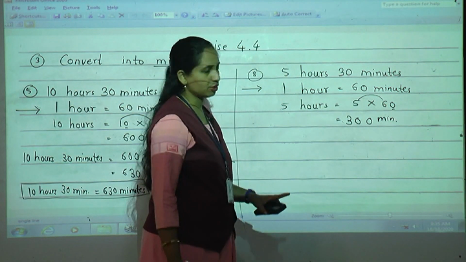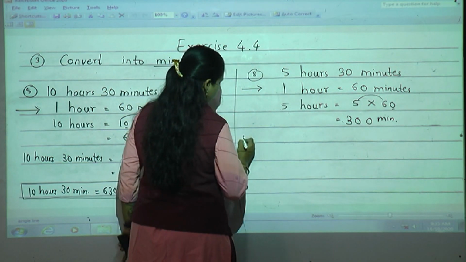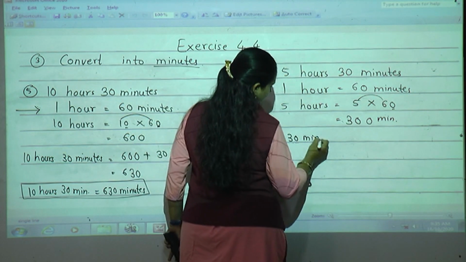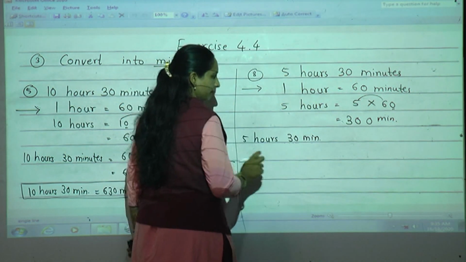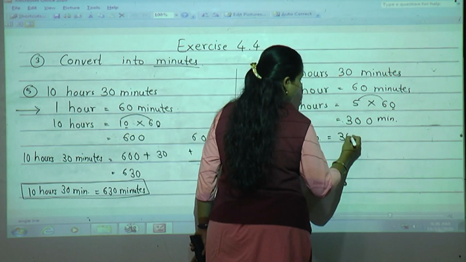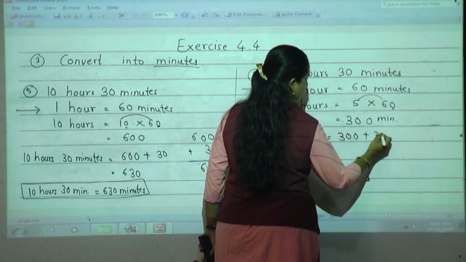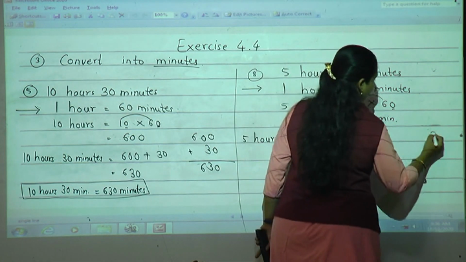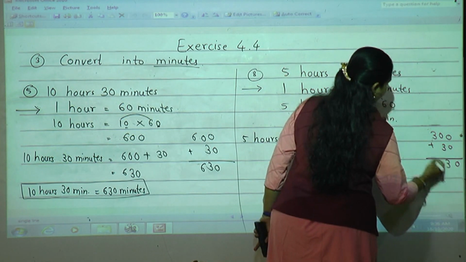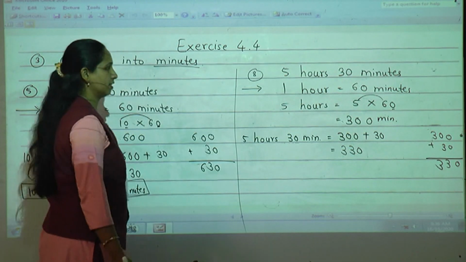But here the answer is not over. They had given 5 hours and 30 minutes. So write again 5 hours 30 minutes. MIN full stop is shortcut of minute. So 5 hours means 300 plus 30 minutes as it is. Do the rough work of the addition. 300 plus 30, 330 minutes.